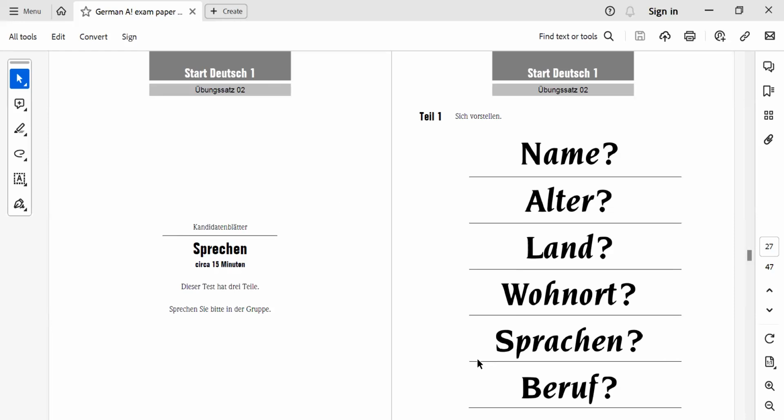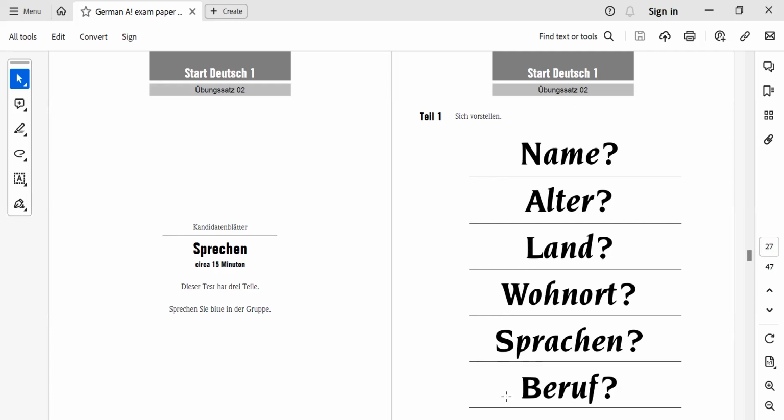So Sprachen: ich spreche so and so und etwas Deutsch or ein bisschen Deutsch. Or you need not tell that ich lerne Deutsch, I am learning German. Then Name is done, Alter is done, Land is done, Wohnort is done, Sprachen is done. Coming to Beruf.